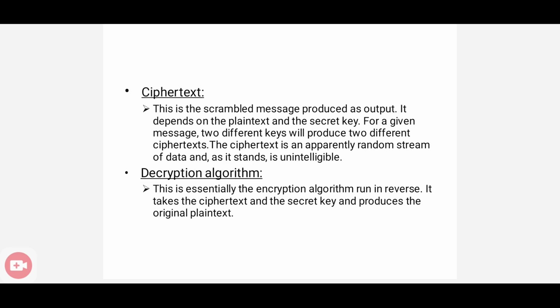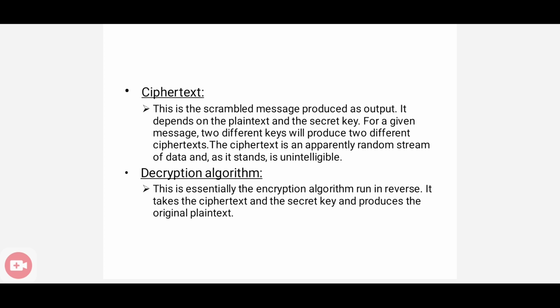So the fourth ingredient is ciphertext, and the fifth one is the decryption algorithm. That is the reverse process of the encryption algorithm, an algorithm which is used for the decryption process. That means for converting the coded message into the original message, or the ciphertext into plain text.